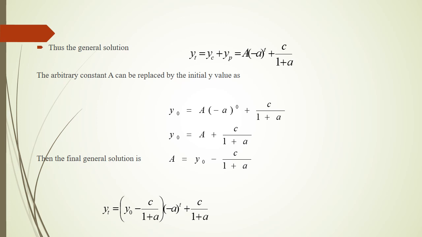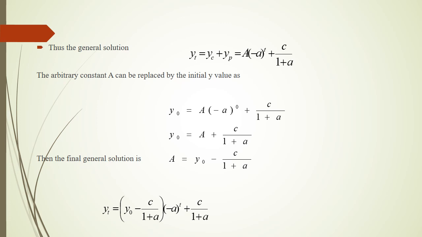So take A on the left hand side, and you will get A = y_0 - c/(1 + a). This value of A can be replaced in the general solution. So the final general solution can be written as y_t = (y_0 - c/(1 + a))(-a)^t + c/(1 + a).